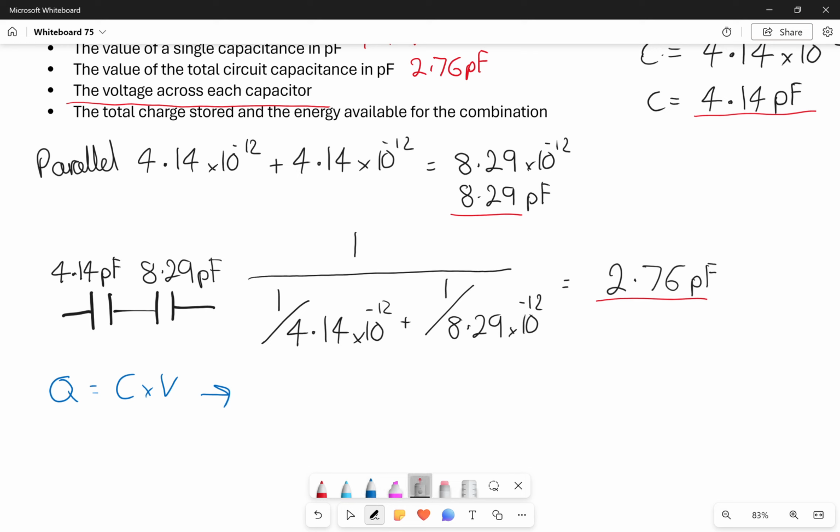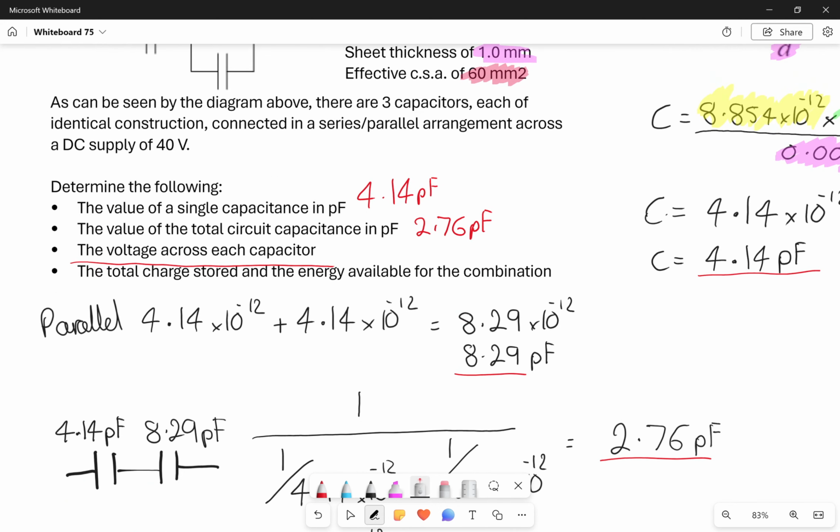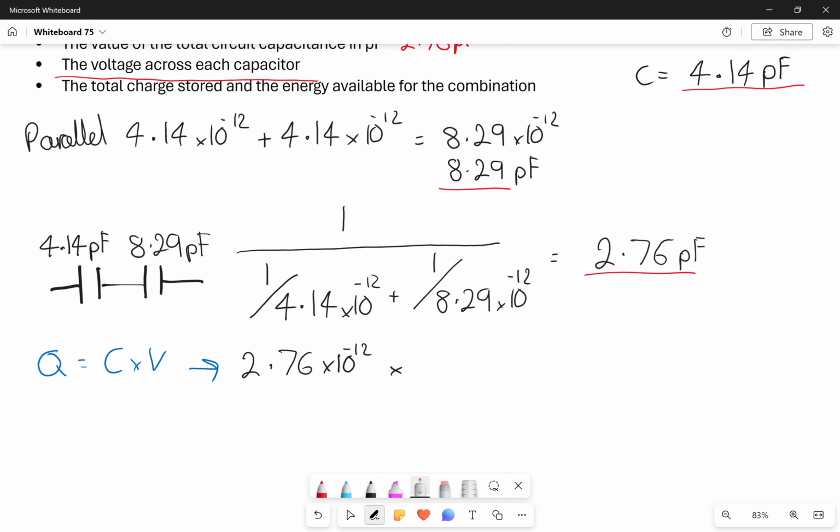Now we've just worked out our total capacitance value. That's there as 2.76 times 10 to the minus 12, so that we can dial straight in there. 2.76 picofarads, which is times 10 to the minus 12. We then need to multiply that by our total voltage. Now total voltage was given to us in the question there, so we times it by 40.